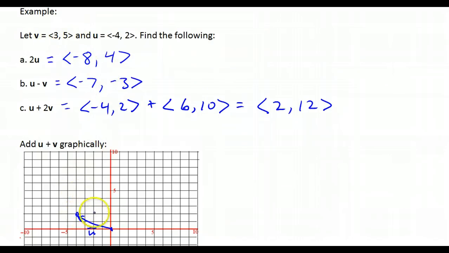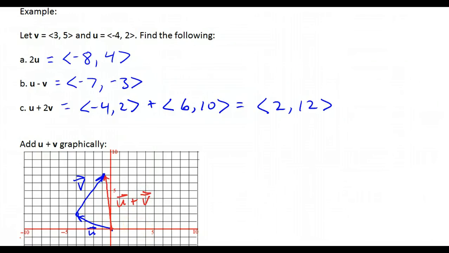So that means go 3 to the right and up 1, 2, 3, 4, 5. So here's v. Now, the vector that results from u plus v is the vector that starts at the beginning of u and goes all the way to the end of v. And that's called the resultant. So that's u plus v.